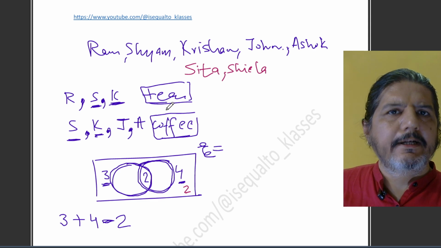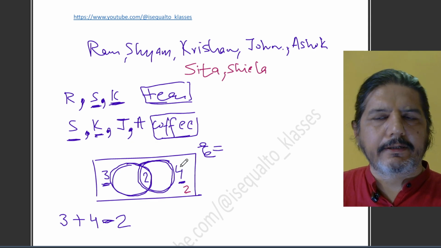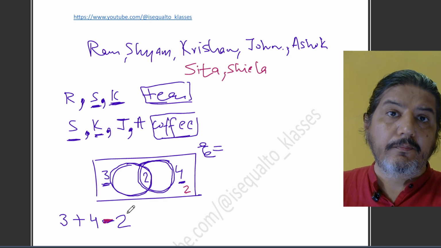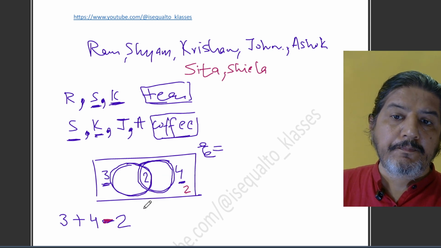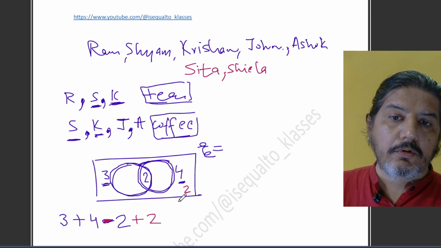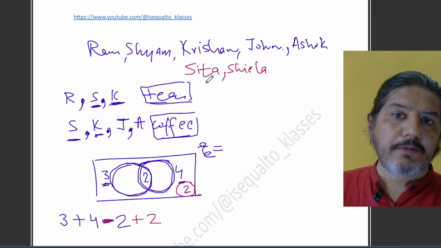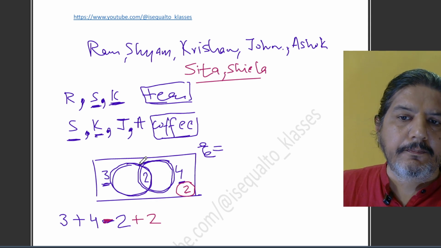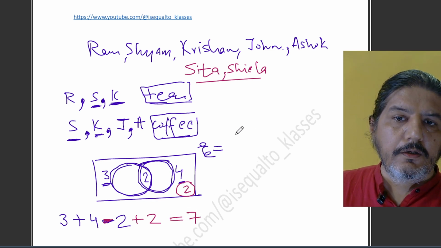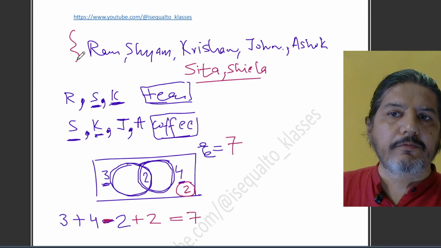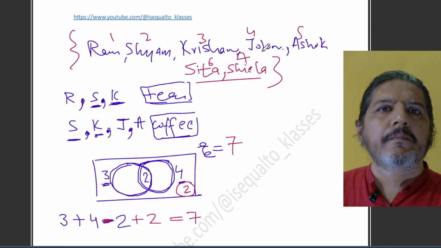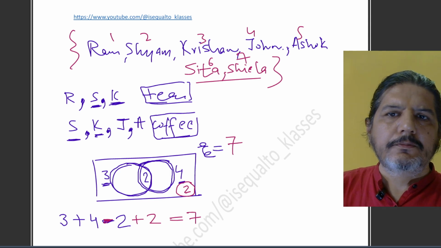So 3 people are tea drinkers, 4 people are coffee drinkers. You'll have to subtract 2 once because they are added both in tea drinkers as well as coffee drinkers. But then you'll have to add these 2 people, Sita and Sheila, who are neither tea drinkers nor coffee drinkers. So the total would be 7. So in my universal set, there will be 7 people. And of course here, if you see, there are 7 people: 1, 2, 3, 4, 5, 6, 7. So now I think it would be making sense.